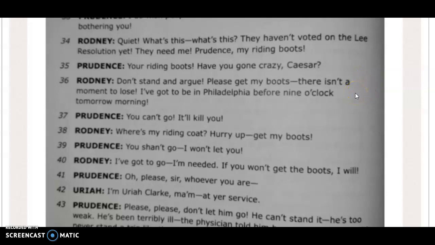Just please get my boots. There isn't a moment to lose. I've got to be in Philadelphia before 9 o'clock tomorrow morning. You can't go. It'll kill you. Where's my riding coat? Hurry up and get my boots. You shan't go. I won't let you. I've got to go. I'm needed. If you won't get the boots, I will.